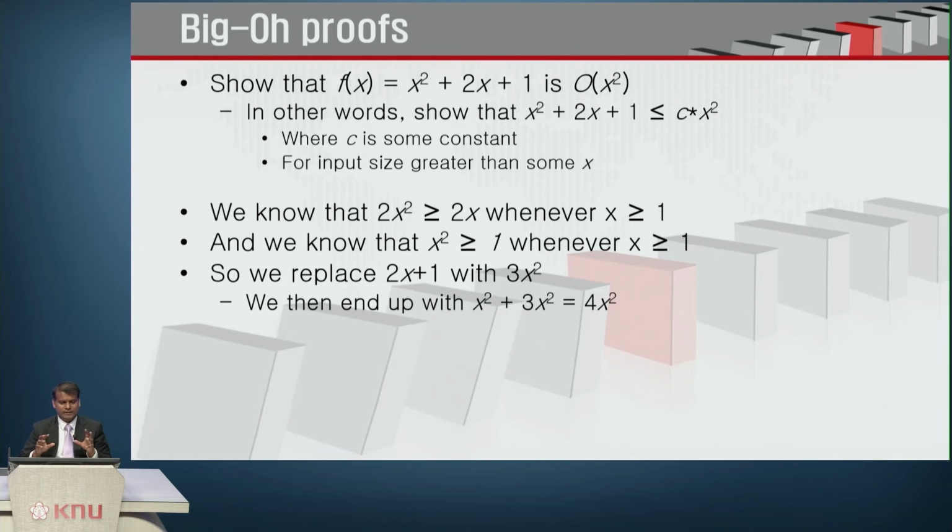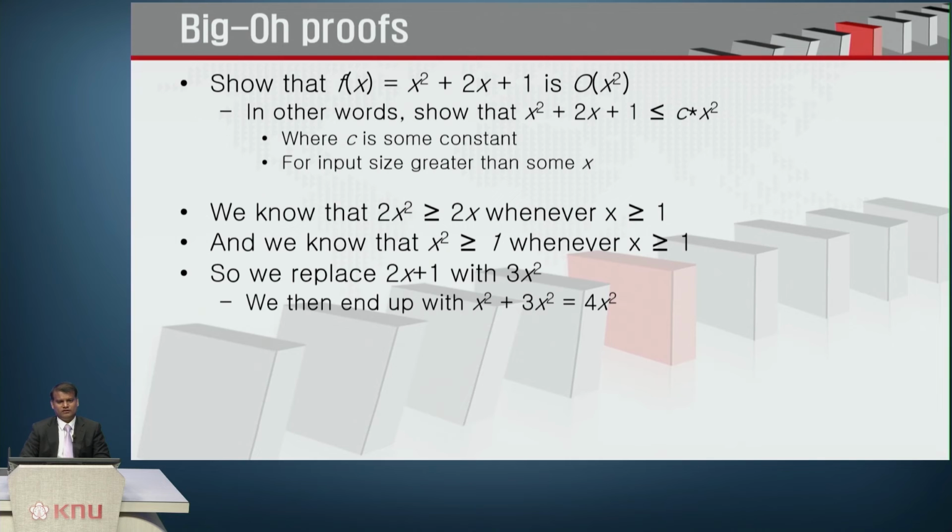Originally in this problem we had x square plus 2x plus 1, and now we are replacing 2x plus 1 with 3x square, because we do have a relationship in which we come to know that 2x square is greater than 2x when x is greater than 1, and x square is greater than 1 when x is greater than 1.